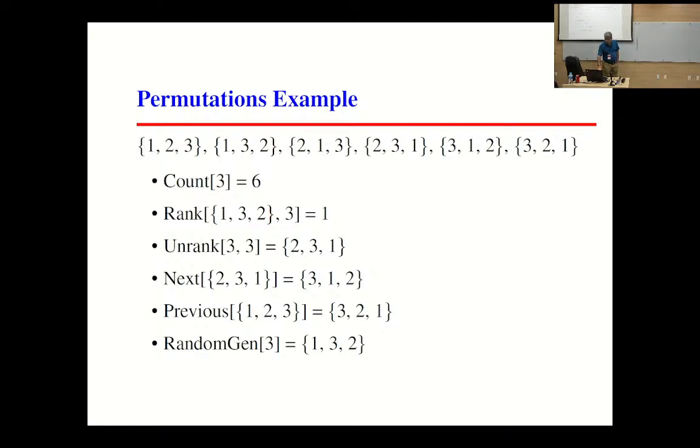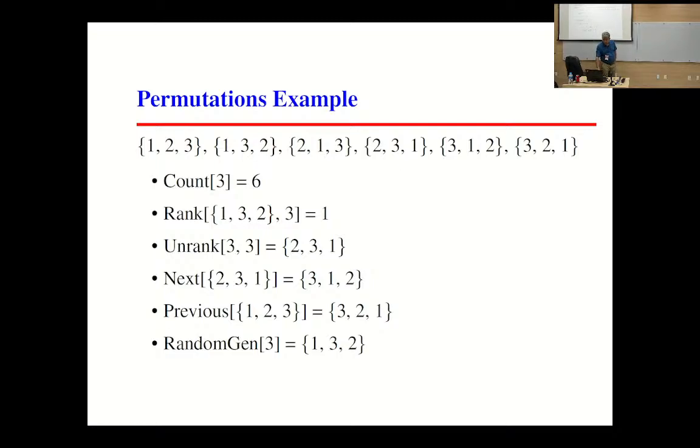Rank of 1, 2, 3 is, according to this, 0. Rank of this is 1. Unrank says, what's the third one out of all permutations of 3? 0, 1, 2, 3. It's 2, 3, 1.